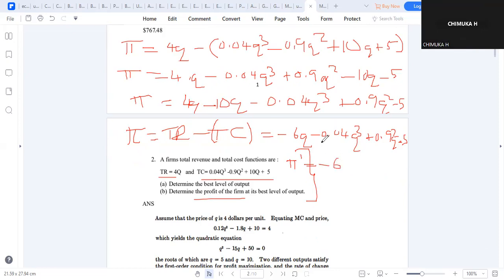Then this becomes minus 0.12 q to the power 2. And here plus 1.8q. All together.